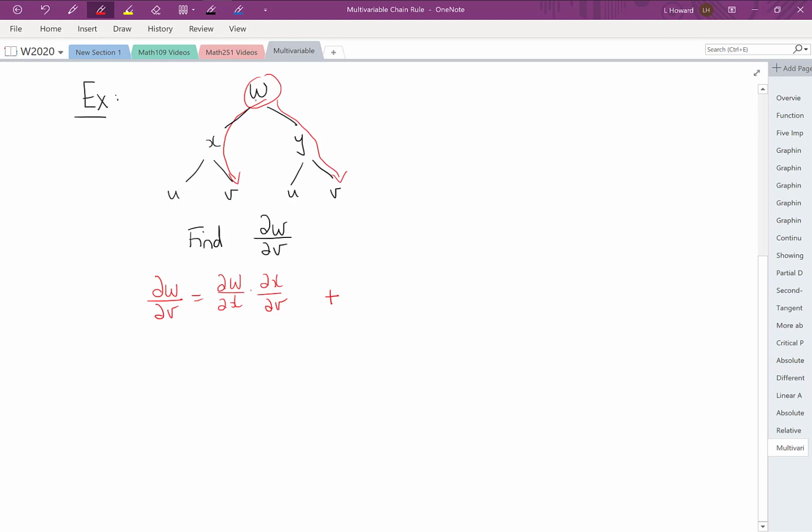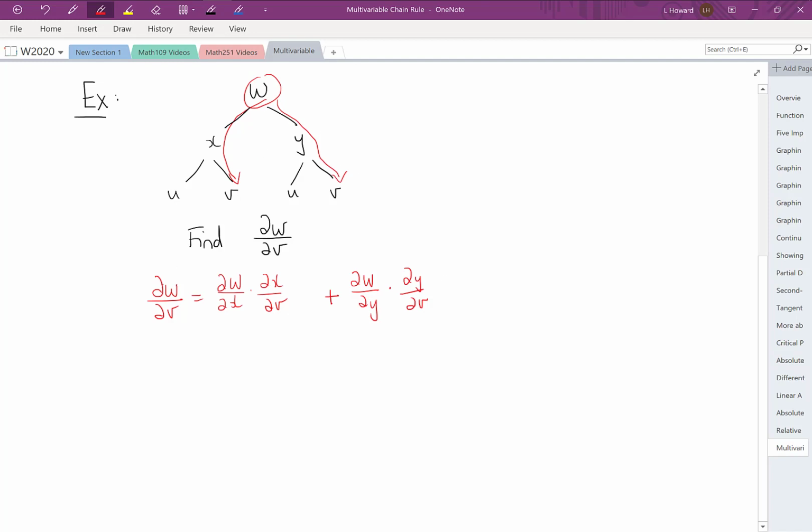That represents the left path. And on the right side, we have the partial derivative of w with respect to y times the partial derivative of y with respect to v. So you multiply along each path going from w to v, and then you sum over all the different paths.